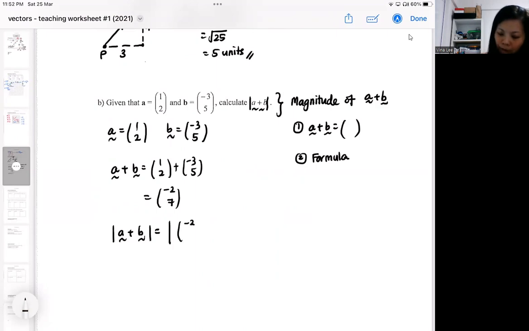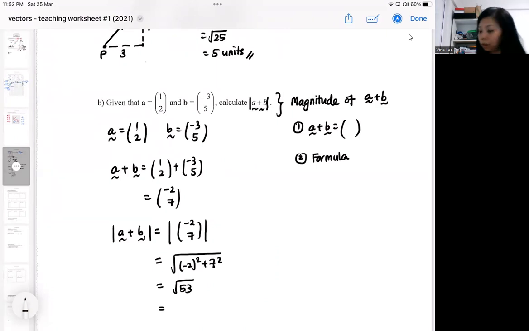So I'm going to find the magnitude, and I'm going to do a Pythagoras theorem. And then I will give it as 3 s.f. Okay, so that is the correct method.